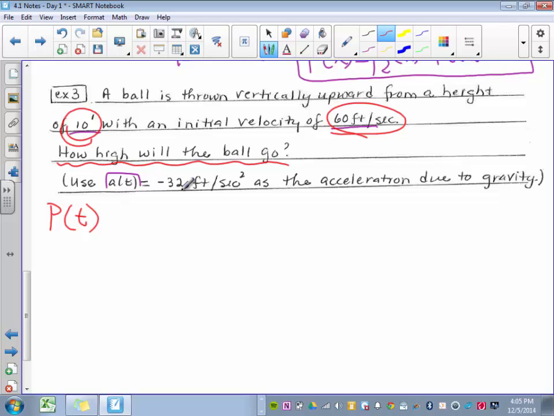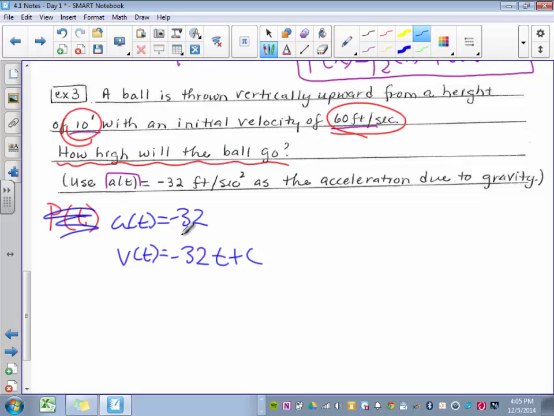This is how it works. We're going to start with this a of t. A of t is equal to negative 32. Okay? And we're going to find the antiderivative of this. We're going to integrate this. And when we do that, we get negative 32t equals v of t, plus c. Okay? Negative 32t plus c.